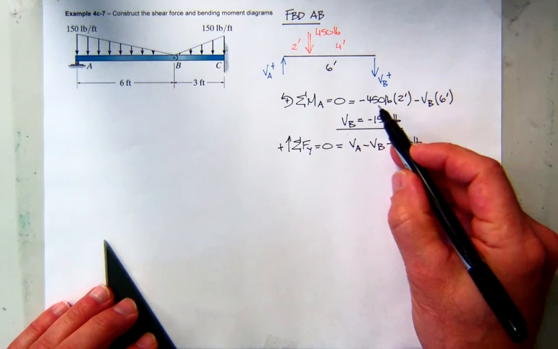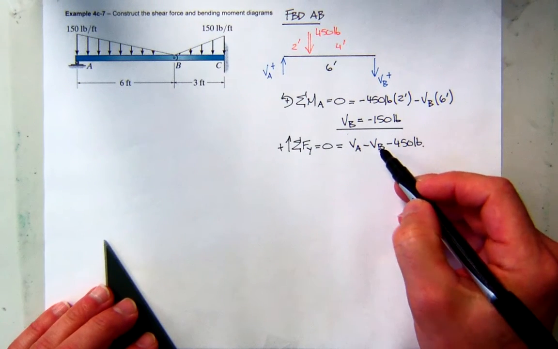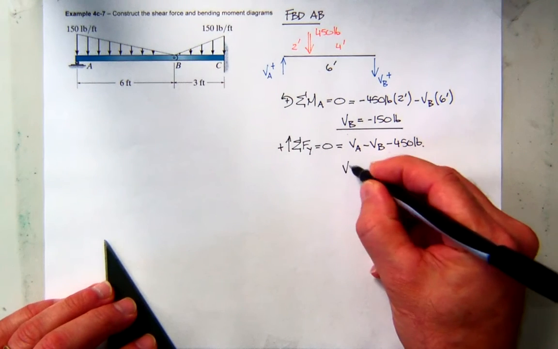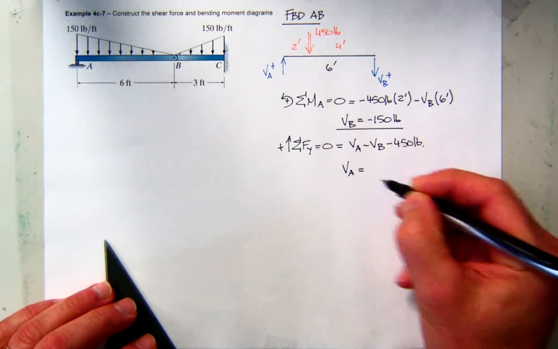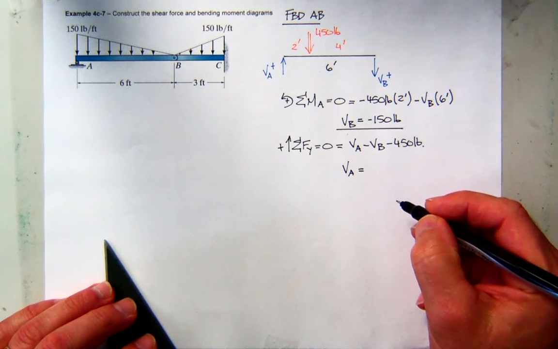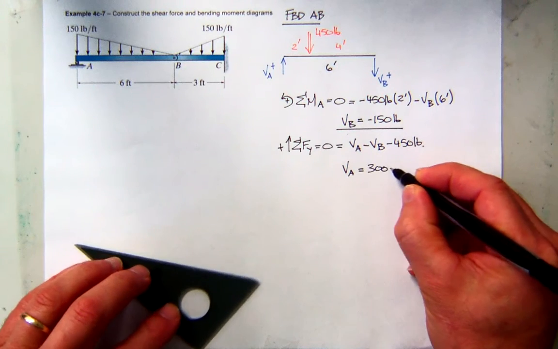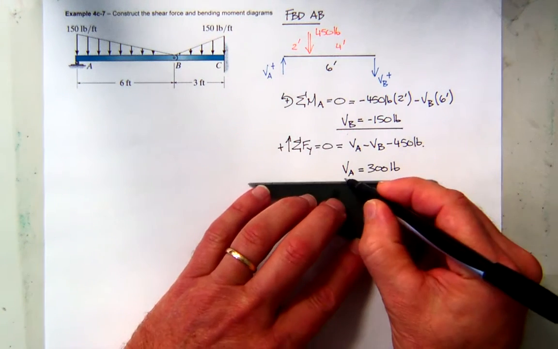If I put my negative 150 in for the shear at B, what do I get? Positive. So that means the shear at A is positive, and it's equal to 300? Wow. That kind of worked out.